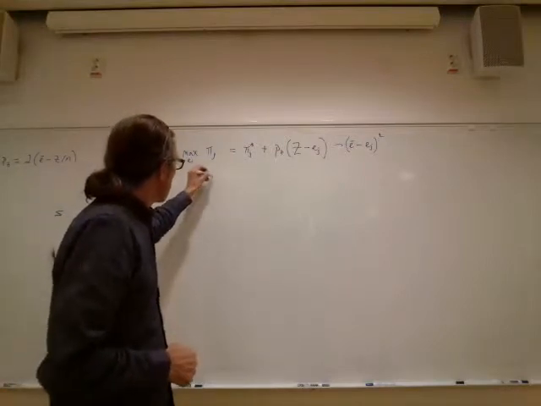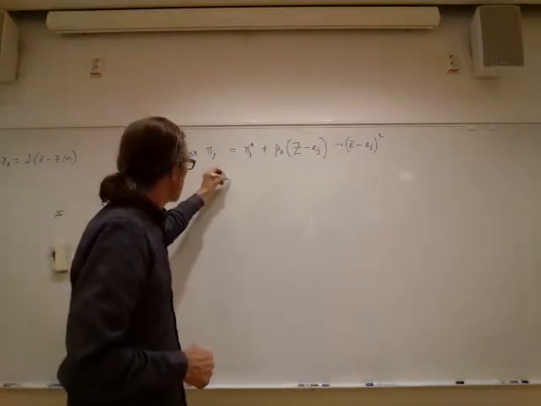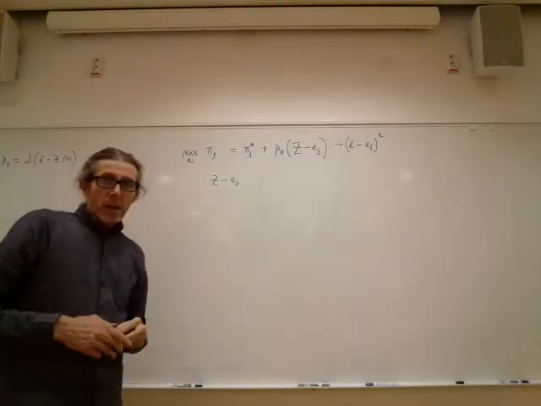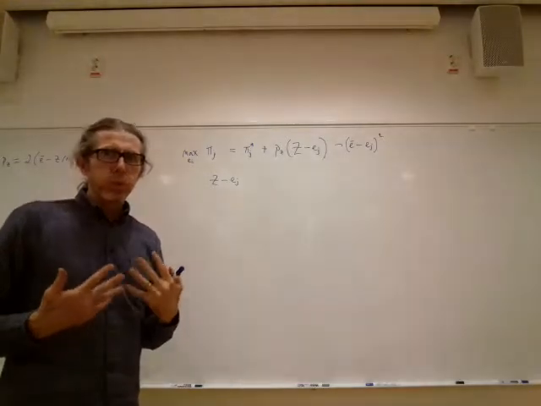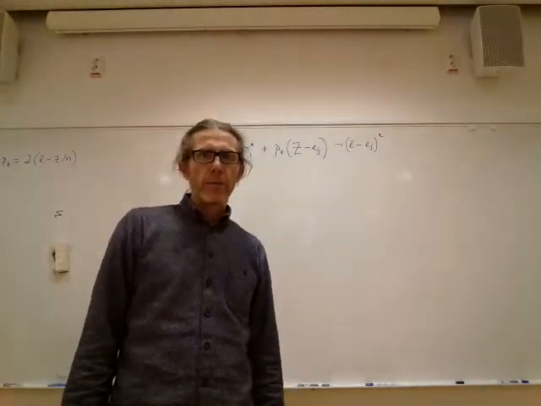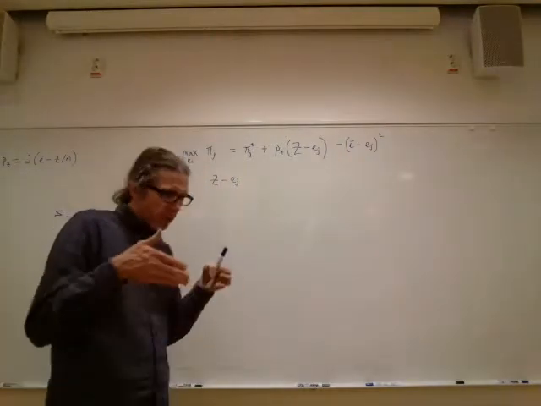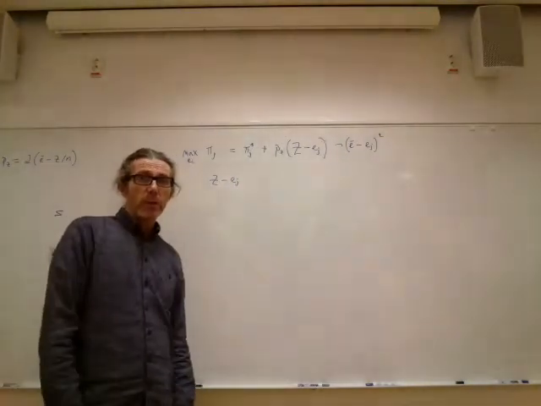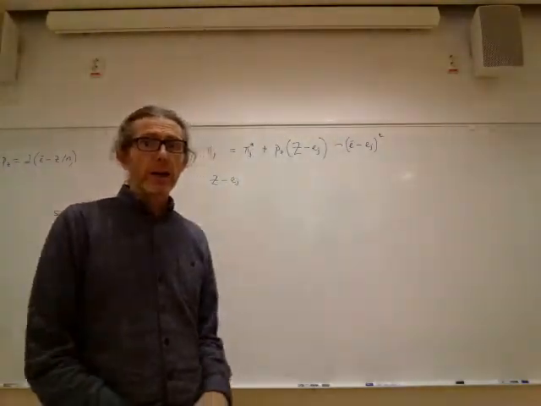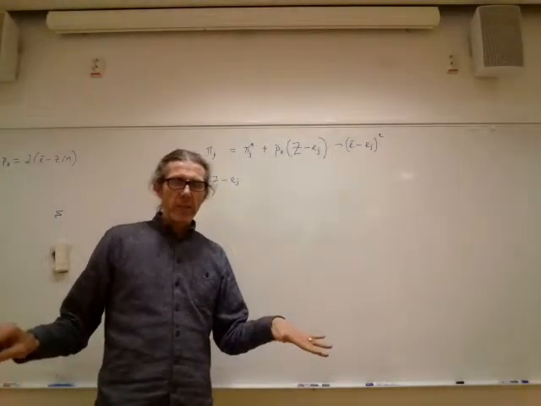So, how many permits does it sell? It sells Z minus Ej. What are the other firms willing to pay for those permits? Well, we need to look at each one of those firms separately. How many permits does one of those firms buy? Well, they're all the same.